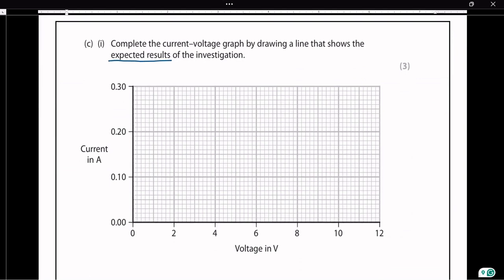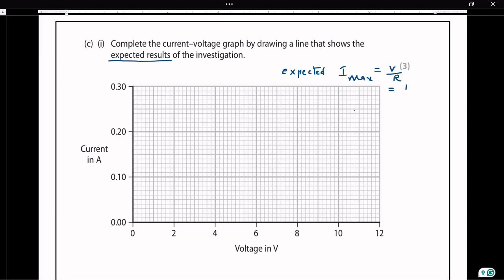The expected result is for a maximum of 12 volts. The expected maximum current, I max, is the voltage over the resistance.